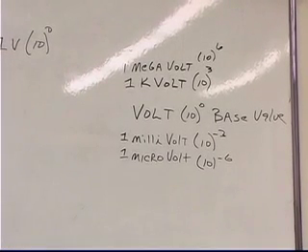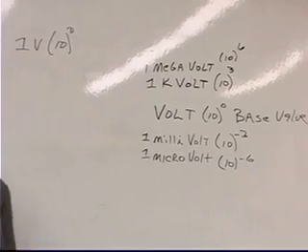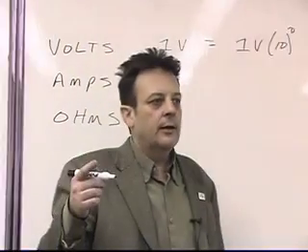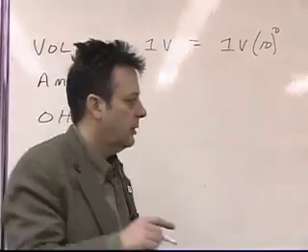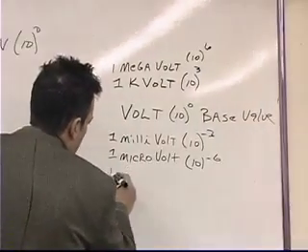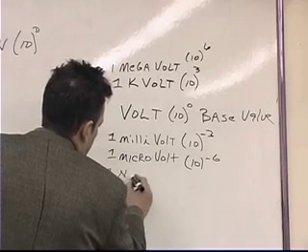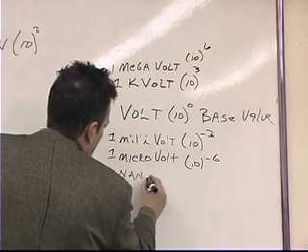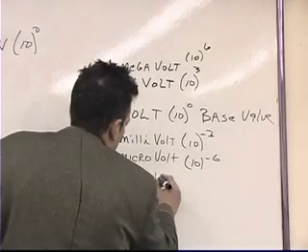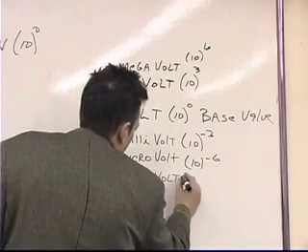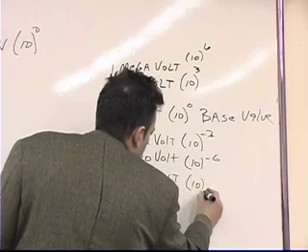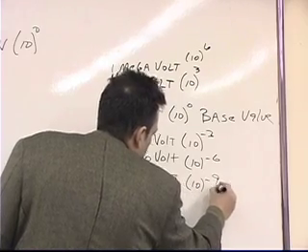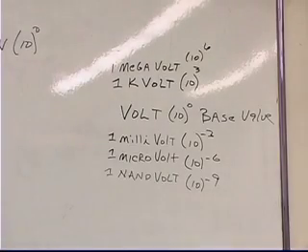Nano. That's a good way to memorize it: ninth and nano kind of rhyme with each other. So 1 nanovolt, N-A-N-O, would be a factor of 10 to the negative ninth.